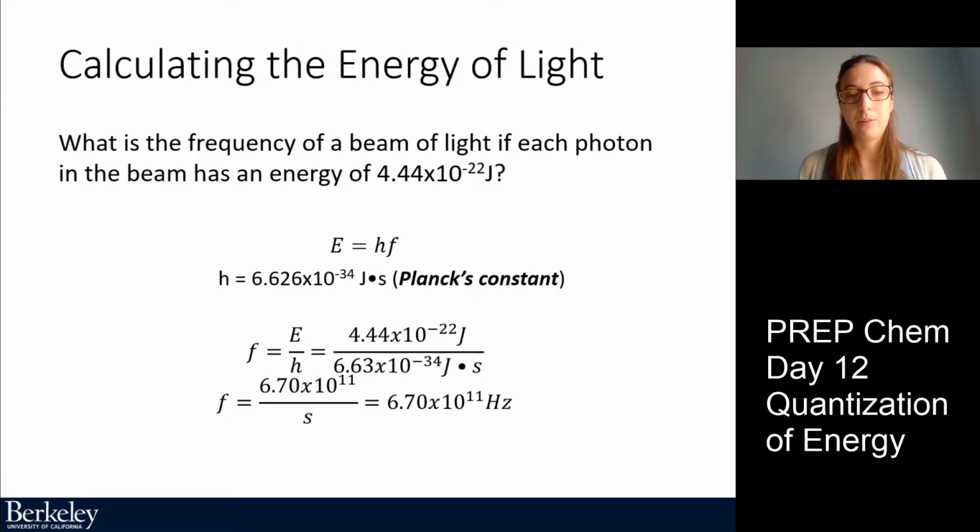You can write out these numbers here, and then you would get 6.7 times 10 to the 11th, 1 over second. And again, like we learned yesterday, 1 over second is another way of writing hertz, which is the most common unit that we use to write frequency. So we would rewrite this as 6.7 times 10 to the 11th hertz. And that would be the frequency of this beam of light.